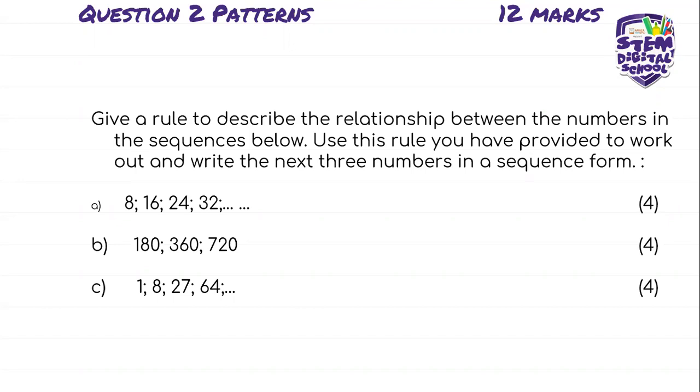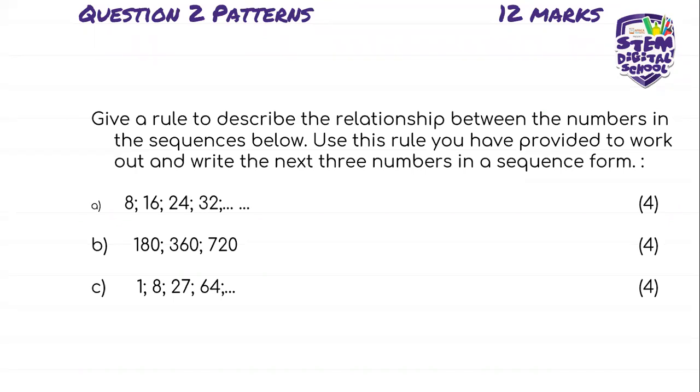And again, if you add 8, you'll get 48. And if you add 8 again to 48, you'll definitely get 56. So the next 3 terms will be 40, 48, and 56. Right.